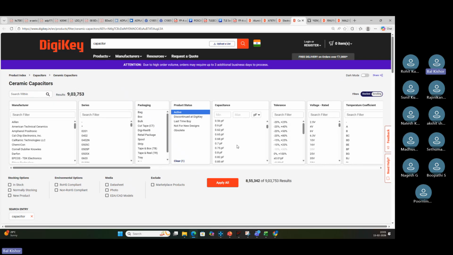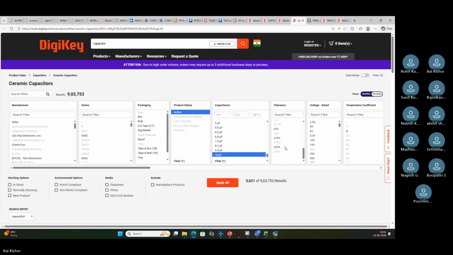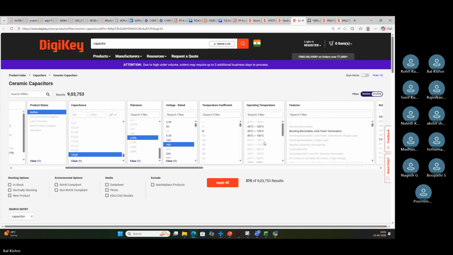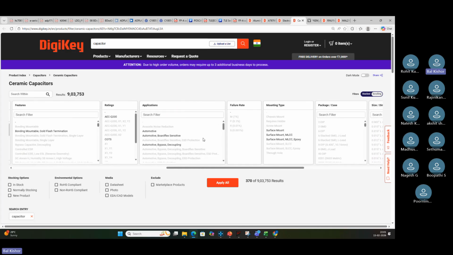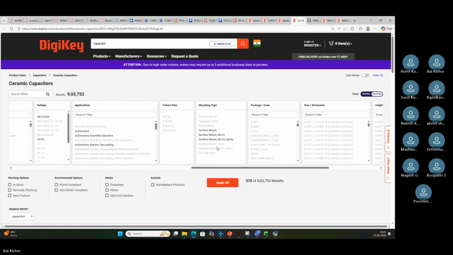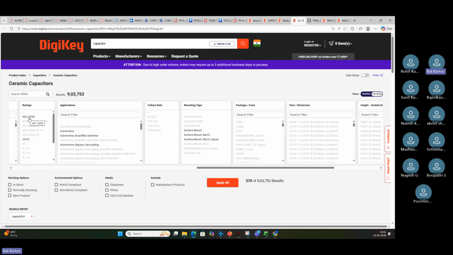Okay, so 10 microfarad I'll just go ahead and choose. Yeah, it is there. Then we will take 10% rating. Okay, 10% tolerance. 16 volt I told you guys, so 16 volt we will take. Automotive grade is there. Okay, so AEC-Q200, not AEC-Q101.